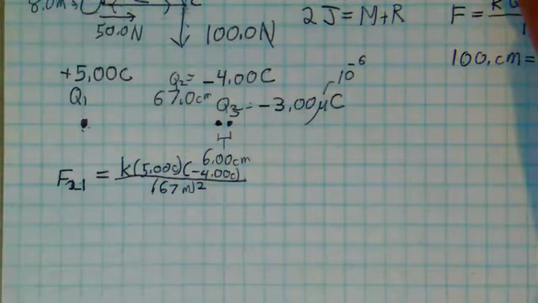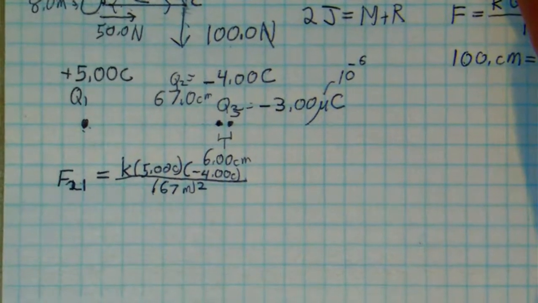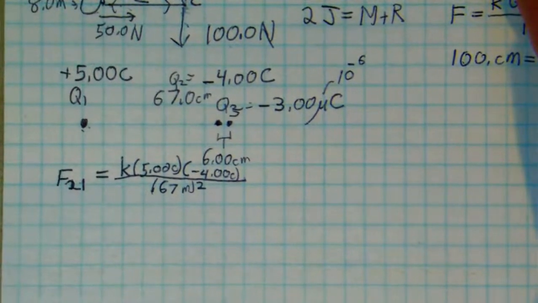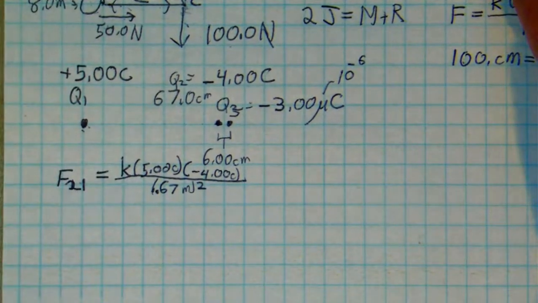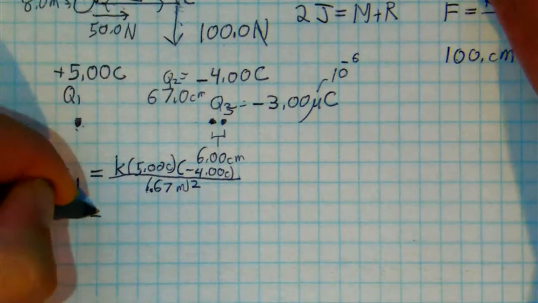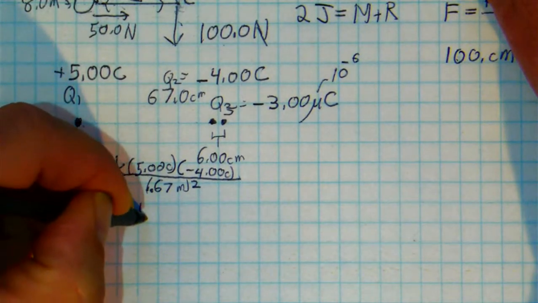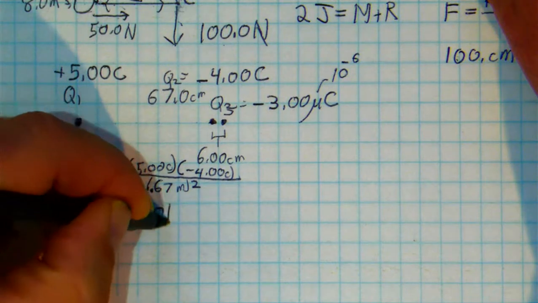So on my calculator, I go alpha K times 5 times negative 4 divided by 0.67 squared, enter. It's very hard to see, but that's a decimal point here. I get negative 4.01 newtons.